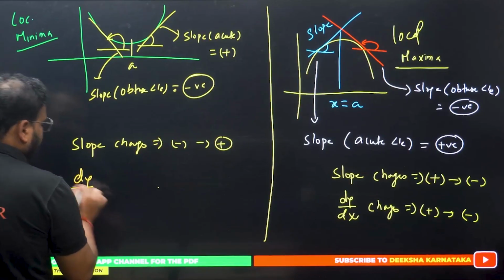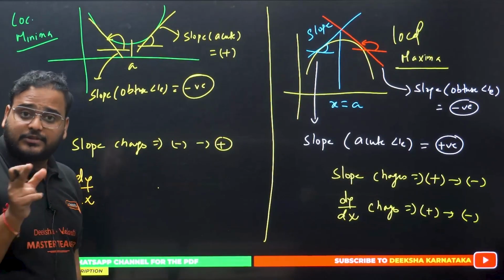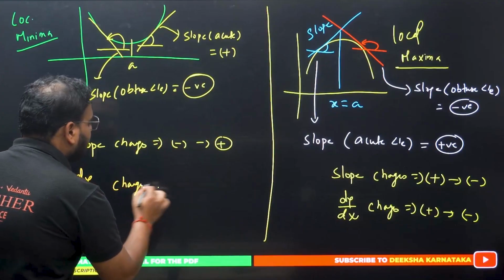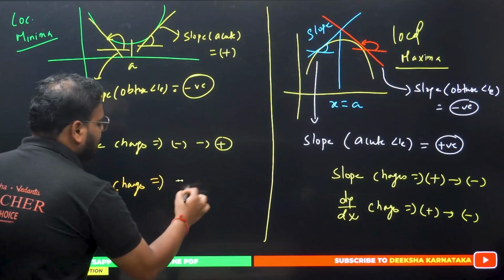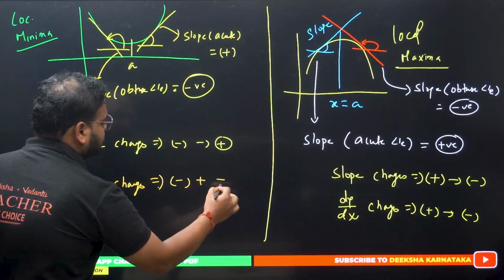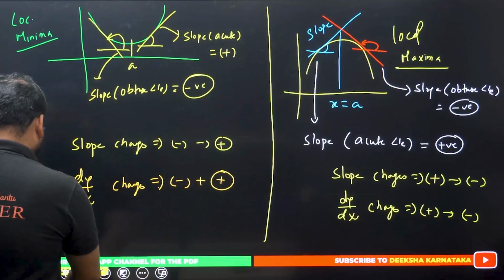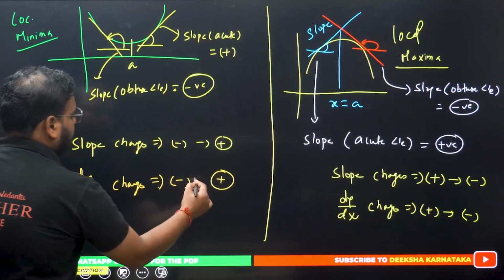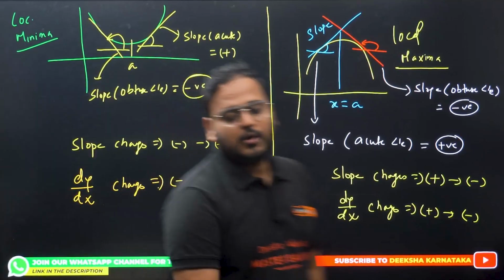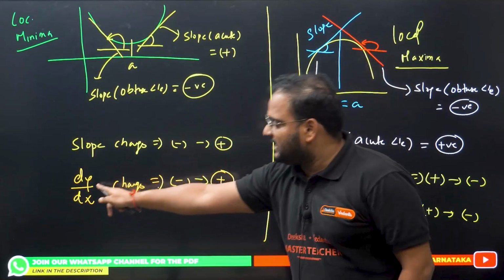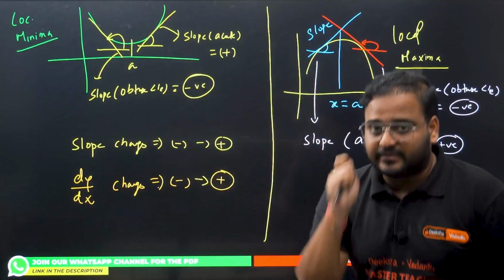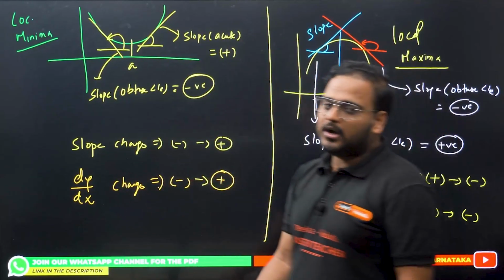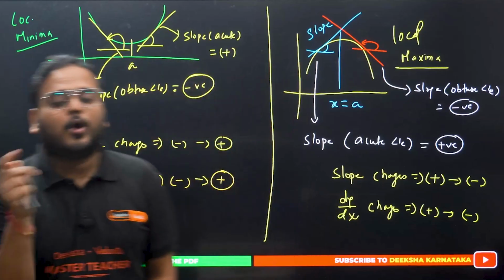I've taught you rate of change. dy by dx changes from minus to plus, and that is called your local minima. So after doing the first derivative test, if you find the slope changes from minus to plus, that is called local minima. I hope this is all clear now.